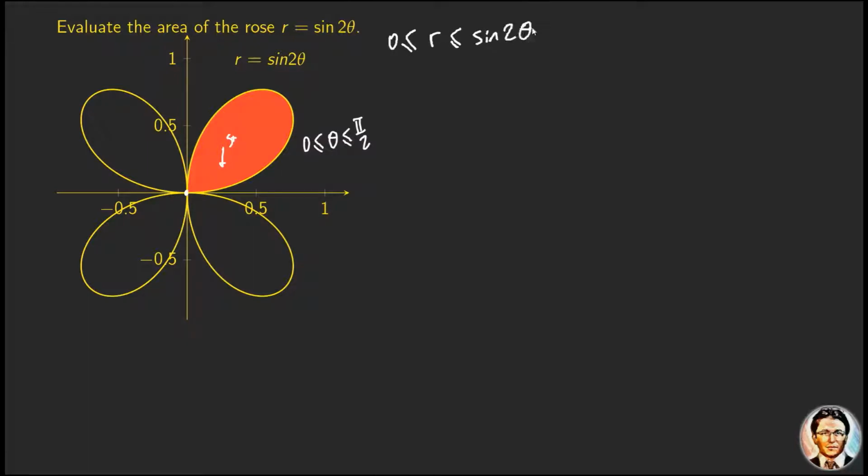But if you say θ is from 0 to 2π and calculate the integral, then you will get 0, which doesn't make sense.